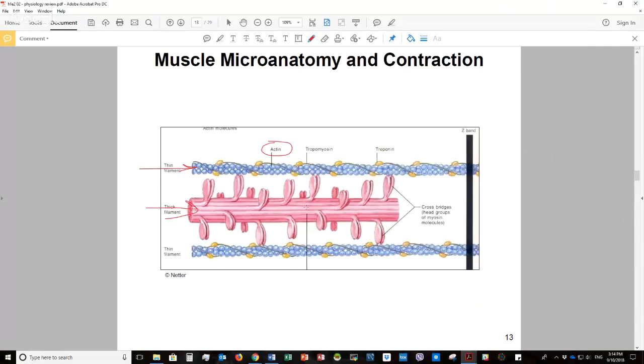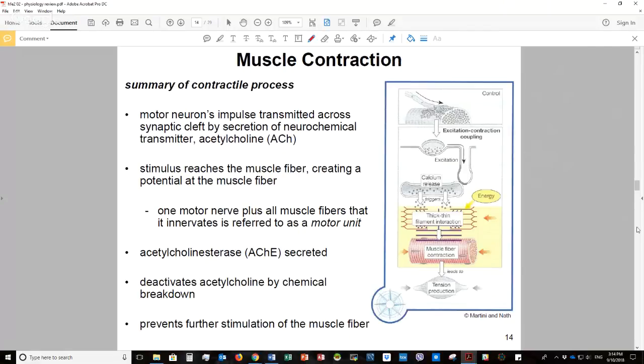This is called myosin, and these heads here are called the myosin heads or head groups. You can see it's got two heads in each of these. Another important part are these 2 proteins here, tropomyosin and troponin. They are an important part of what we're going to be talking about in terms of contraction.